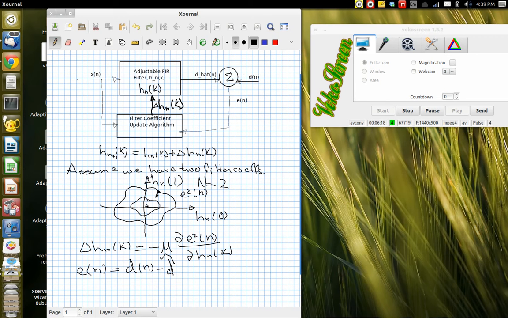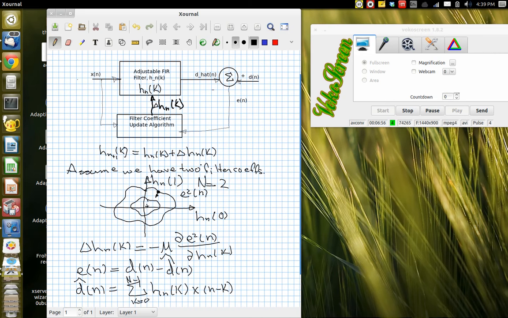So if you look here, e is equal to d minus d hat, so I could write that down. e of n equals d of n minus d hat of n. And d hat of n is the convolution of h of n with x of n. So we could write d hat of n equals the convolution, which is a sum.